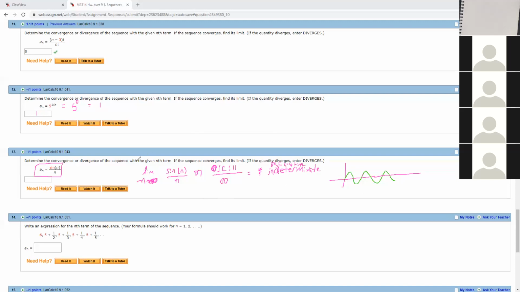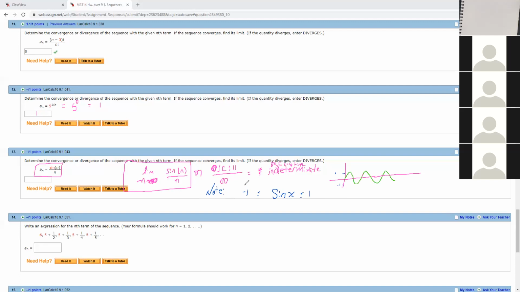And this was the strange one where we had to use the squeeze theorem, and it was like this. We had to note or recall this mathematical fact that the sine graph, and technically I should write it as a function of x instead of with the n's, we know that it oscillates, like I showed you right here, from 1 to -1.